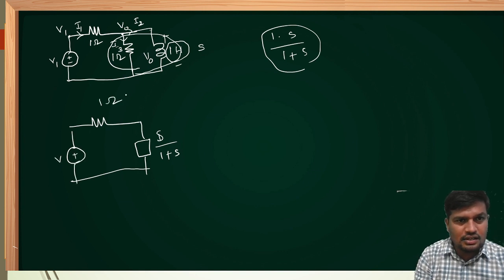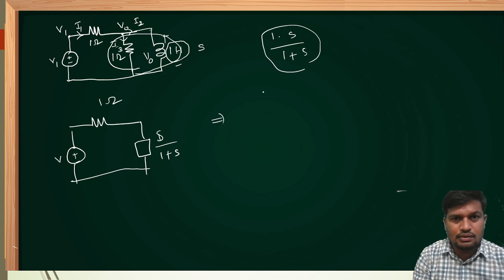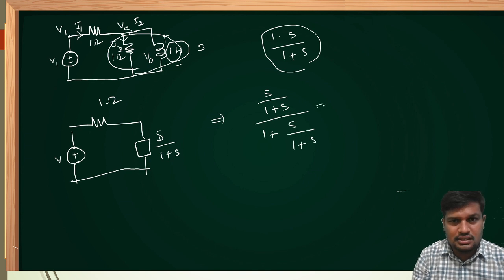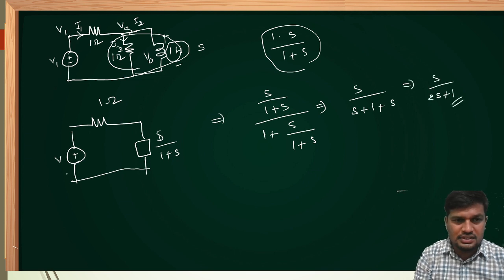Now we have different shortcuts. The first shortcut is output impedance S by 1 plus S divided by total impedance 1 plus S by 1 plus S. Answer is S upon 2S plus 1. This is one shortcut answer.